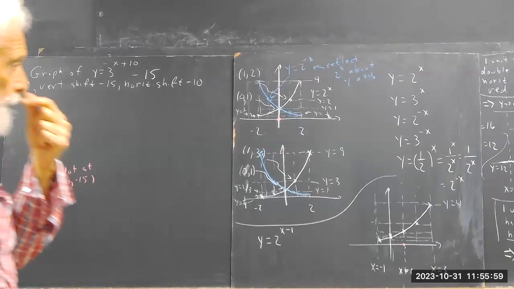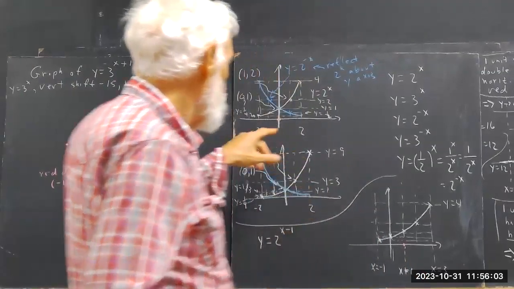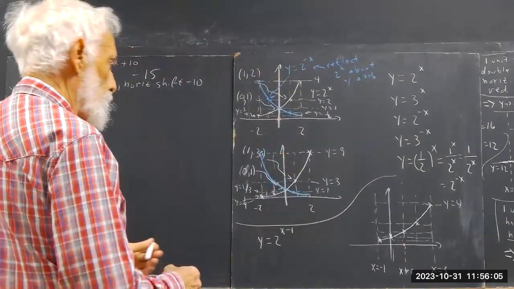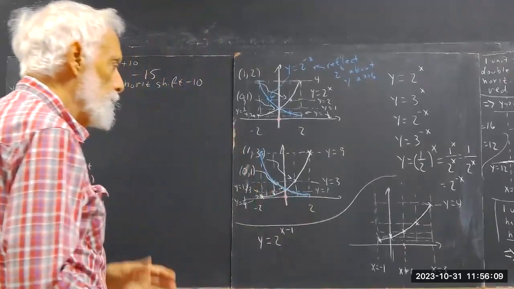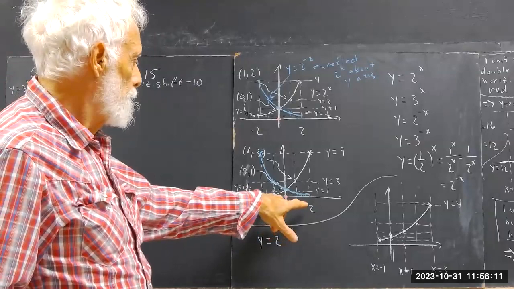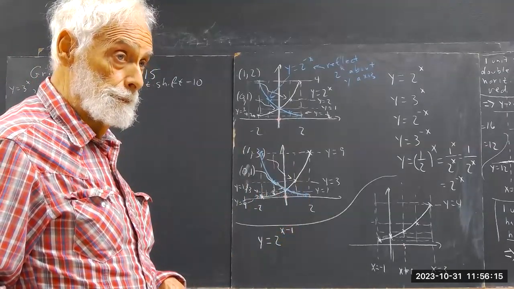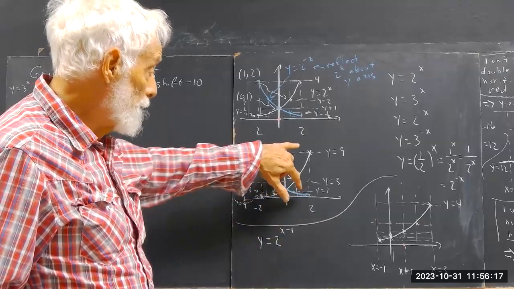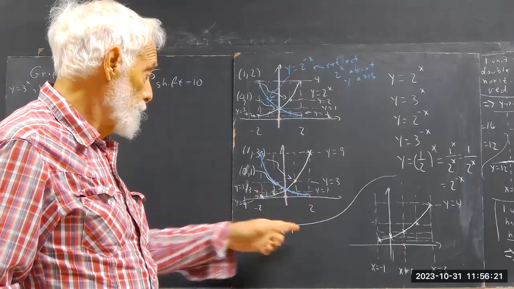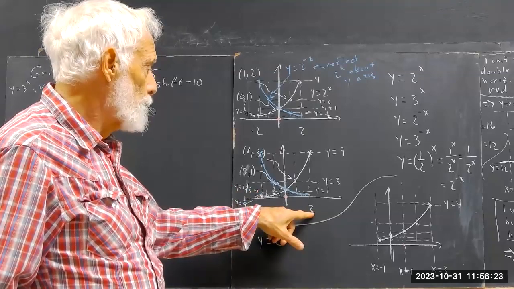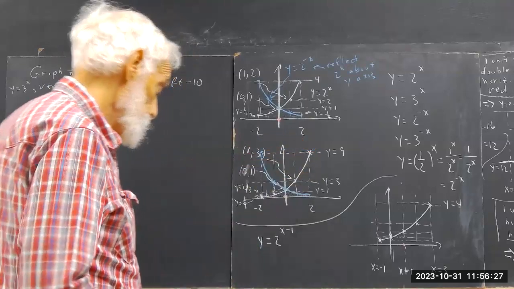Then, as we did here, the 3 to the x function would be constructed in a 4 by 9 rectangle. Got to be 4 by 9. Okay. Because 3 to the second power is 9. So this point has to be on.